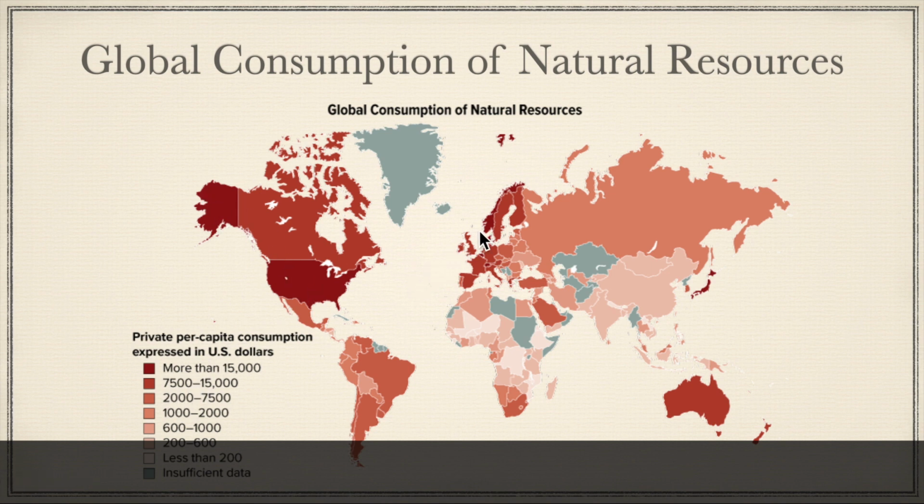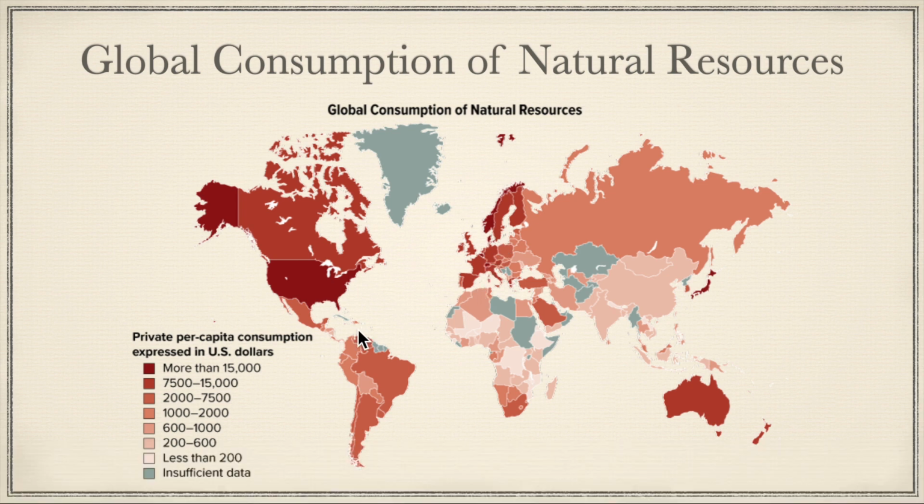I think it's also places like parts of Europe are in that category. A little lower than us would be places like Australia, Canada, and then these numbers go down further and further until you get to parts of Africa where you're down to less than $200 worth of resources.